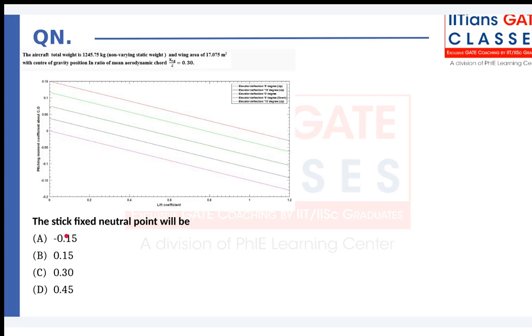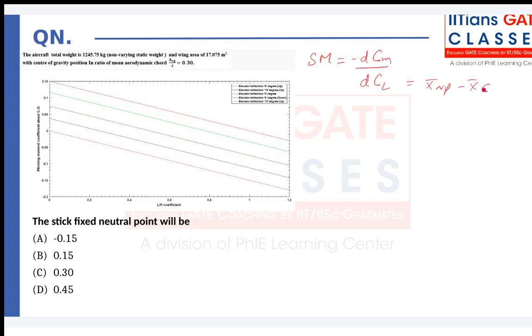How do we do this? So we know that static margin is the negative of the slope, minus dcm by dcl, and it's also equal to x bar np minus x bar cg.